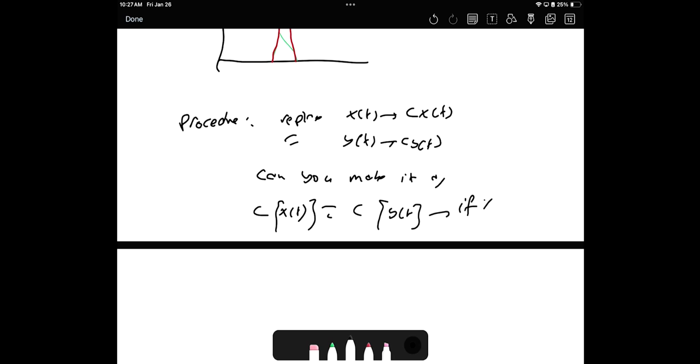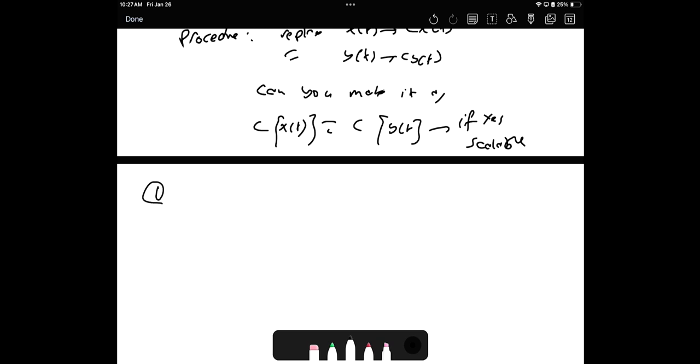If yes, then scalable. Okay. Replace cx of t, y of cy of t. Then yes. Okay. I think it can be fine. Let's see some examples. Example number 1.